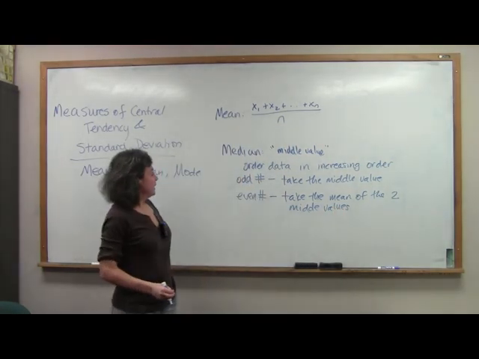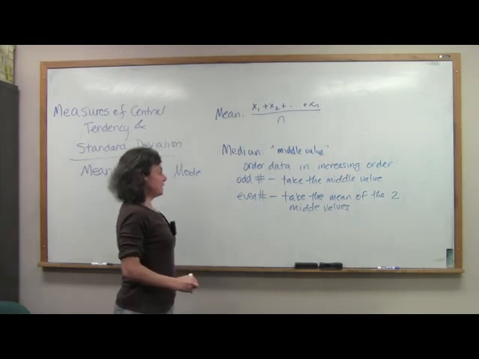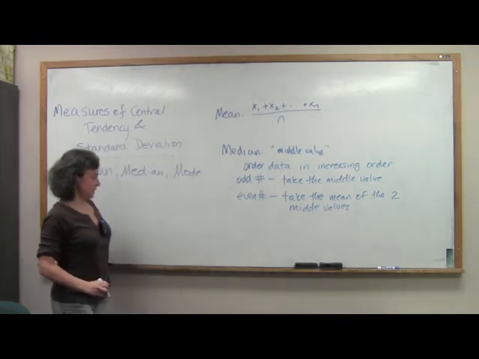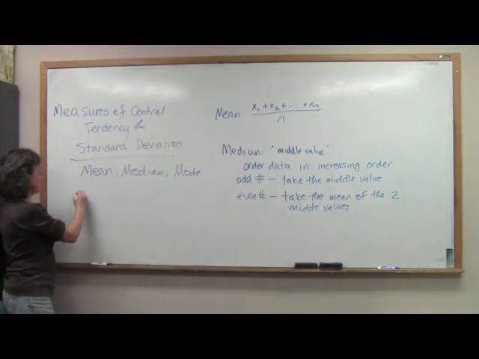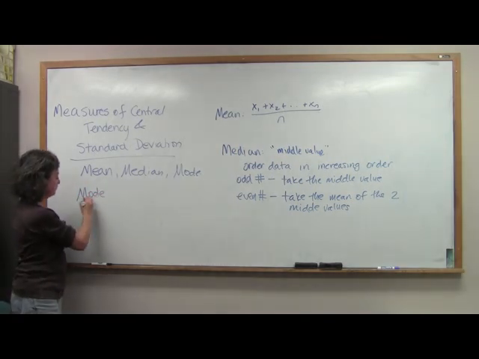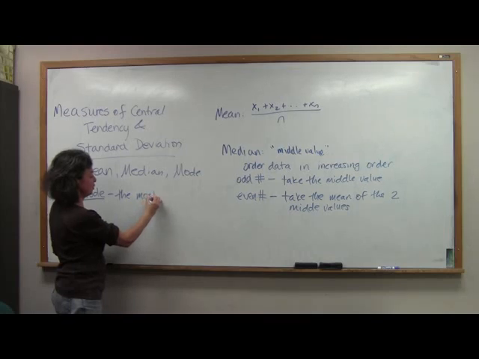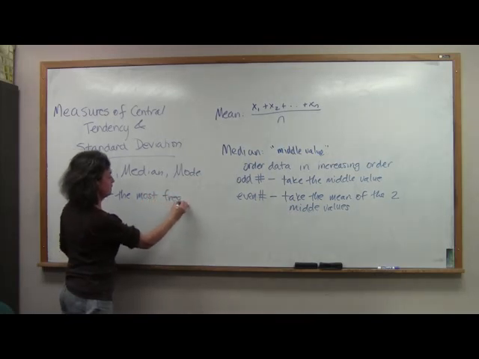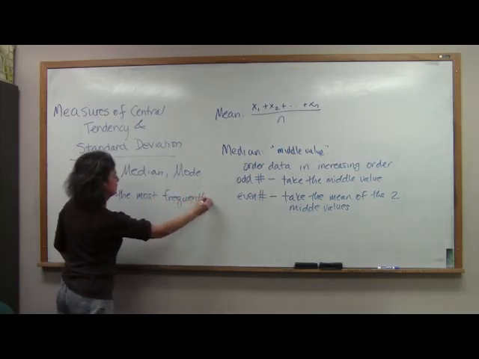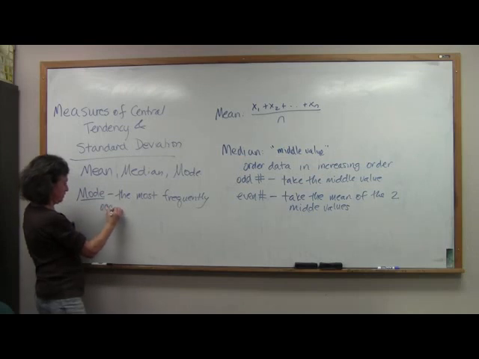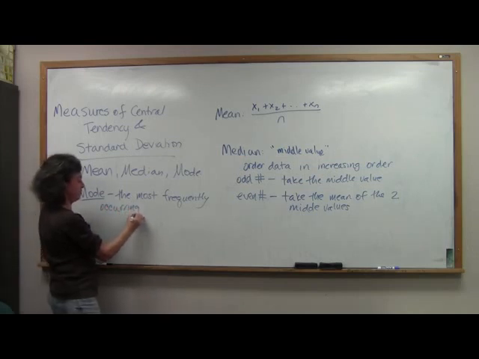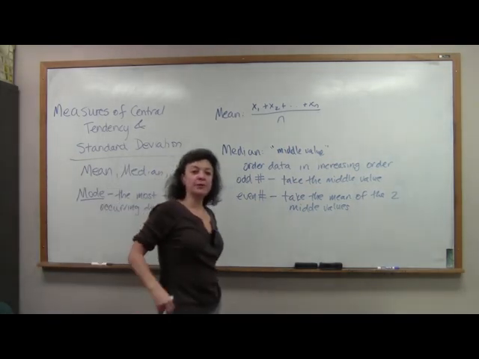Okay? Now, last but not least, the other measure of central tendency that we talk about is called our mode. The mode is the most frequently occurring data point. And just a couple side comments about that.